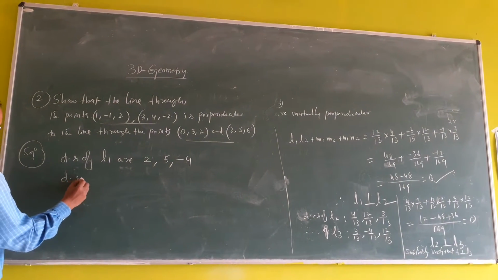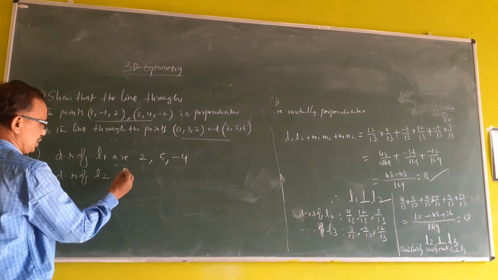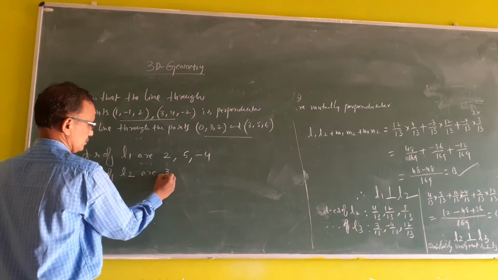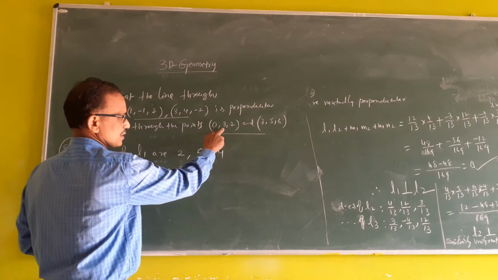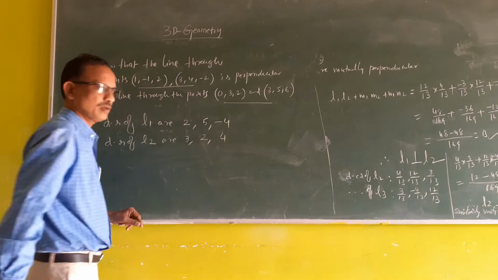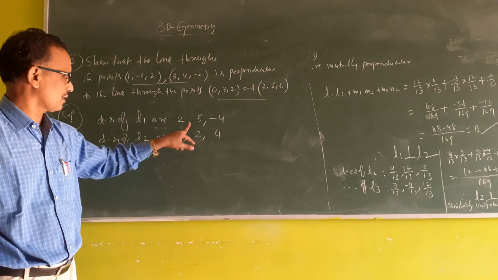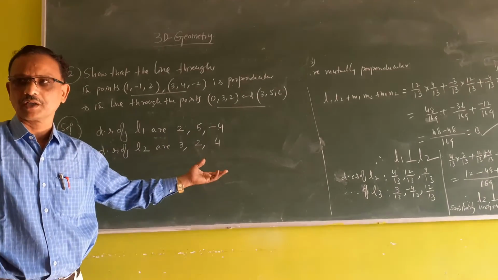Next, direction ratios of L2: 3 minus 0 is 3, 5 minus 3 is 2, 6 minus 2 is 4. These are not parallel, so there is no proportionality.